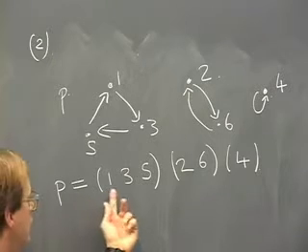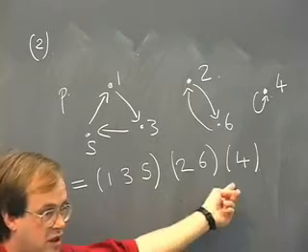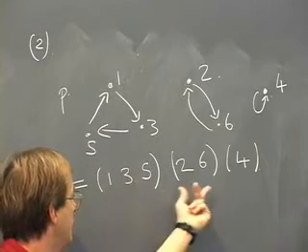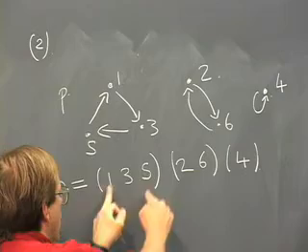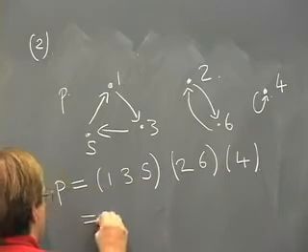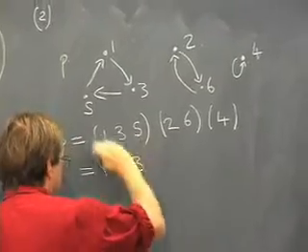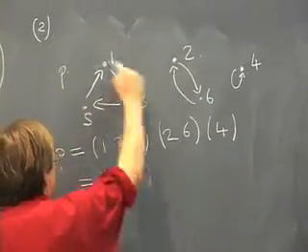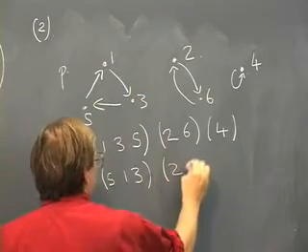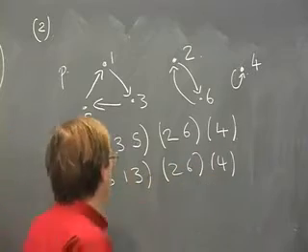Well, I mean, there's not a unique way of writing P in cycle notation. I can put the cycles in different orders, and within each cycle, I can rearrange the order of the letters. So I could also write this as 5, 1, 3. I can cyclically permute these, because 5 goes to 1, goes to 3. Depends where in this triangle I start. If I have a 1 cycle, I can just drop it.